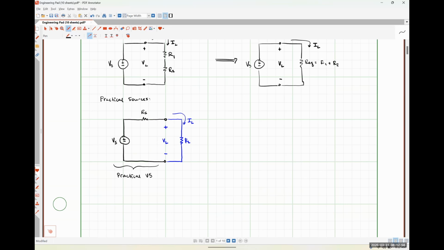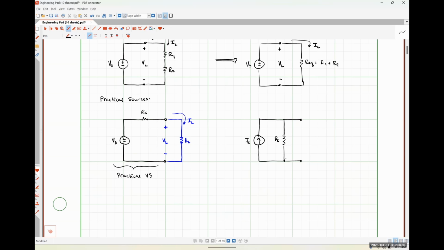Okay, so this RS resistance here is modeling a real battery's ability to produce some fixed amount of current. Okay. On the flip side of things, we have a practical current source model as well. So in our practical current source, we would have an ideal current source IS connected in parallel to some source resistance RS.